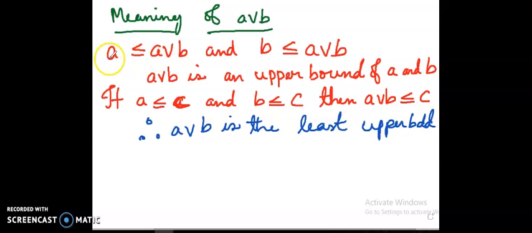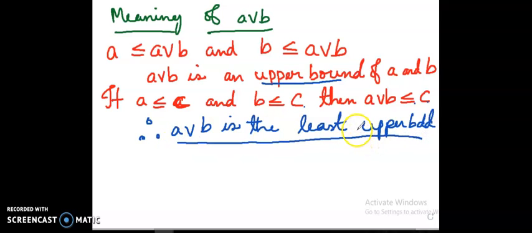So A OR B will always be greater; B is also less than or equal to A OR B. A OR B is called the upper bound of A and B. Also, if you take another element C, and A is less than or equal to C and B is less than or equal to C, then A OR B is less than or equal to C. Therefore A OR B is called the least upper bound.